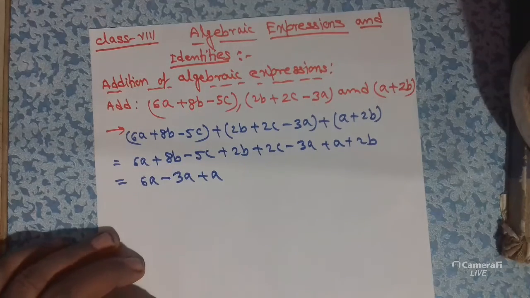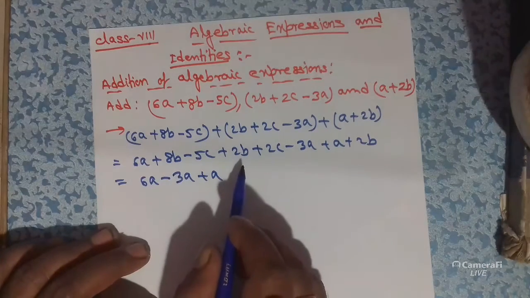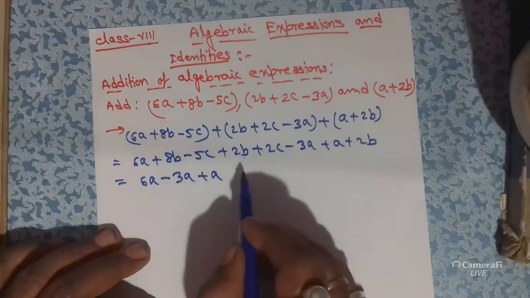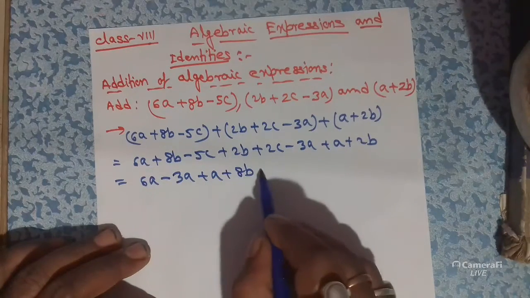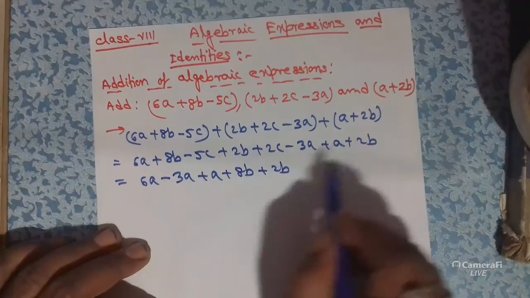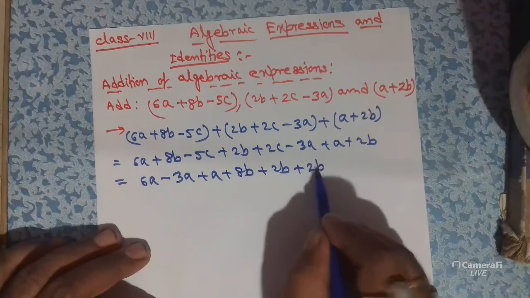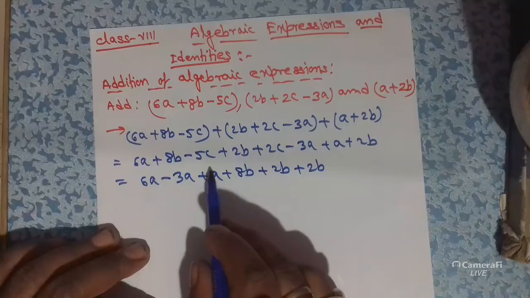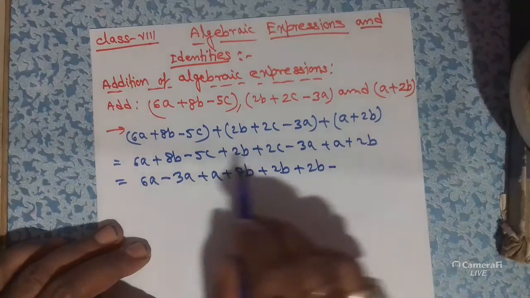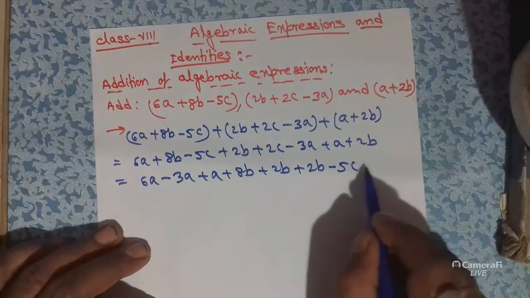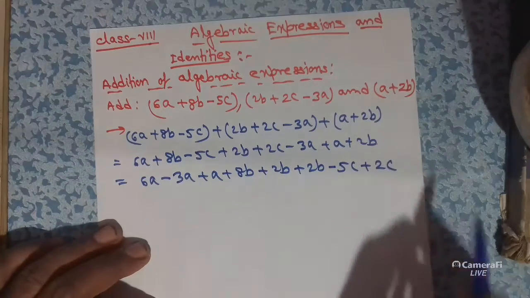After this we must arrange the terms of b, so here it is 8b plus 2b and again plus 2b. Then we must arrange c, so minus 5c and plus 2c.